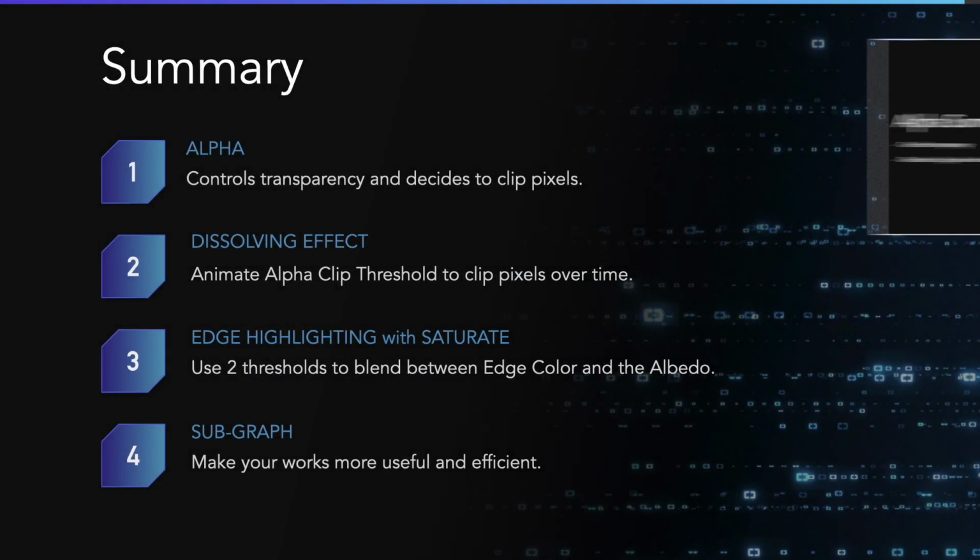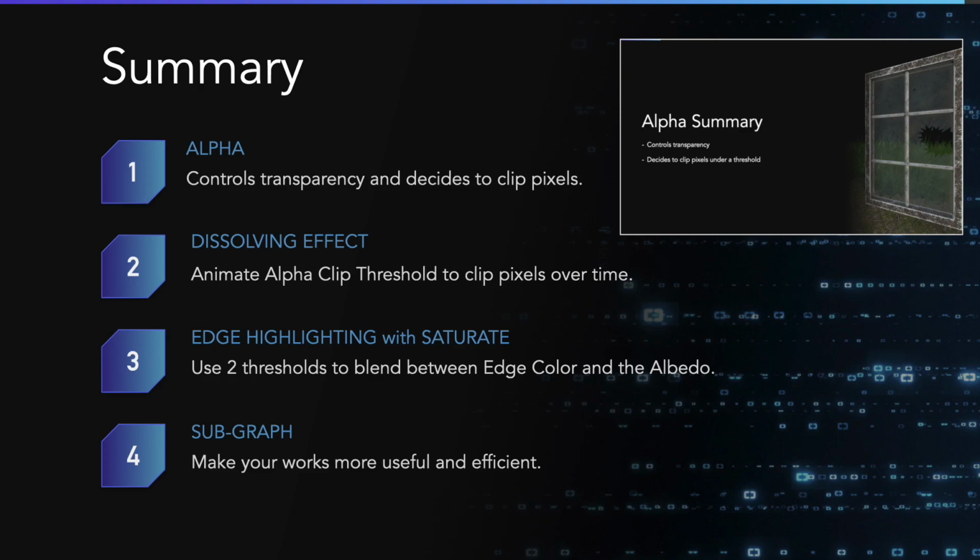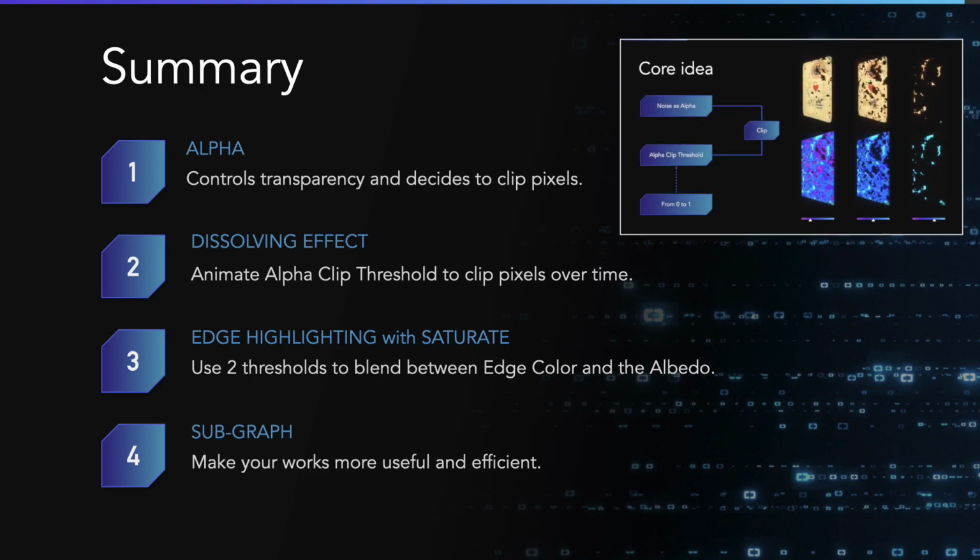To sum up, the alpha property can be used to control transparency, or to decide which pixel should be clipped by comparing with a threshold, or to do both. Secondly, by animating the alpha clip threshold over time, we can make more pixels discarded to create the dissolving effect.